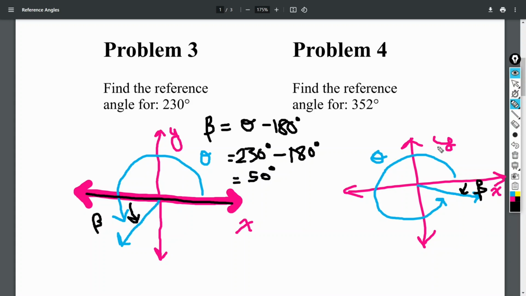So in this case, our reference angle beta is going to equal 360 degrees minus theta. So it's going to equal 360 minus 352. So it's going to be 8 degrees.